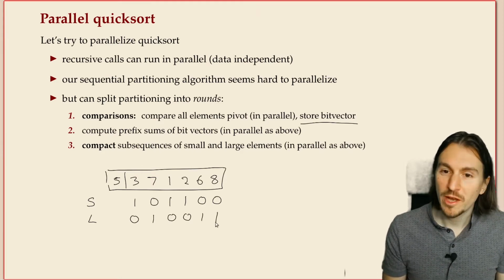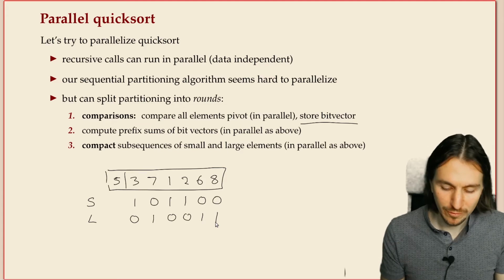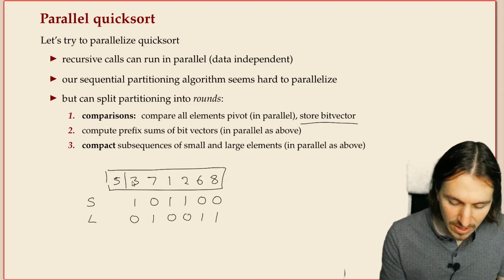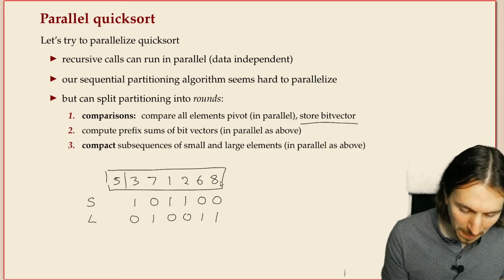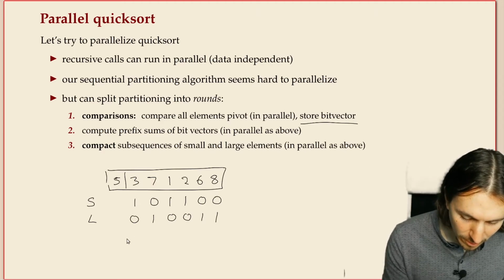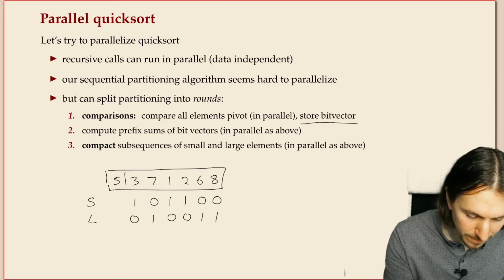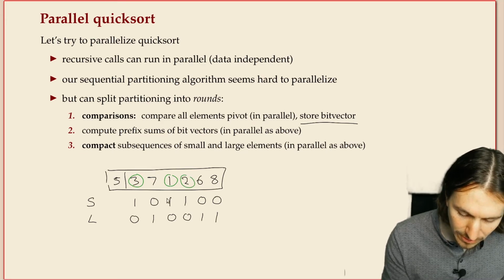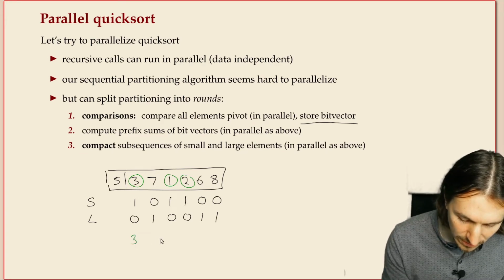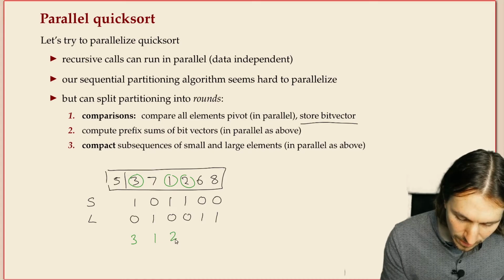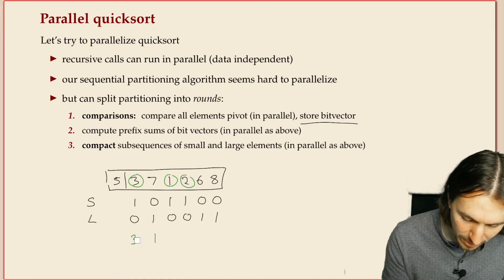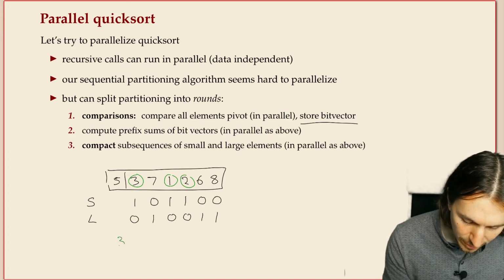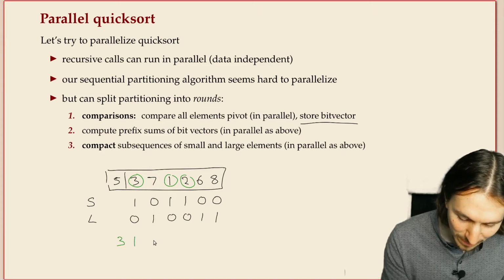And now we have a compaction problem like we've seen it before with S. If we compact this array, we just select the smaller ones. Just selecting those where there's a 1 in S gets us to this, and we probably want to start at the front because we want to put the pivot in between.